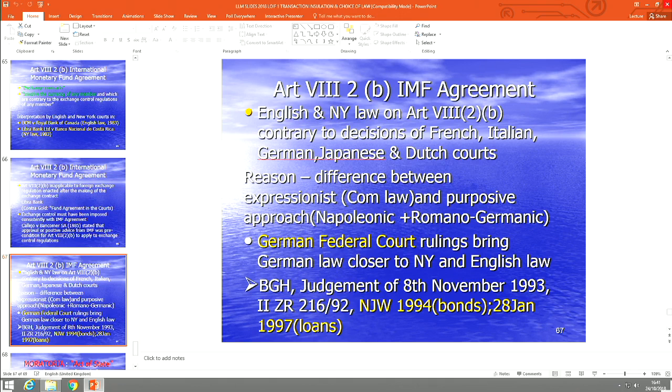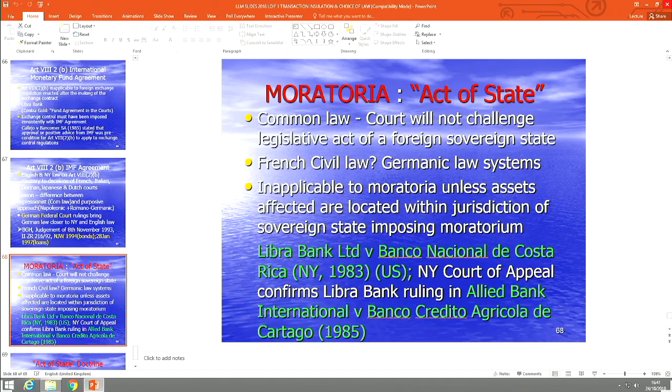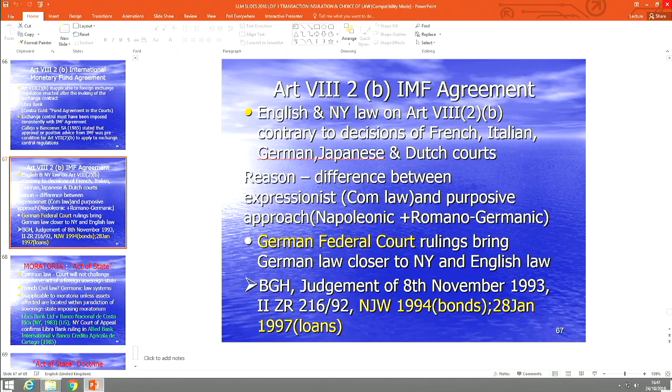Just to clarify, although we have a difference between moratorium and exchange control regulations, under Article 8.2b they both fall under the same terminology, exchange control regulations, because a moratorium is no more than an exchange control regulation enacted after a transaction has been entered into.